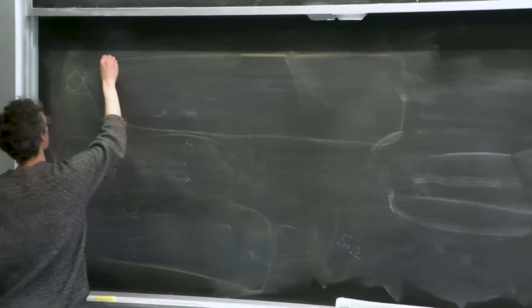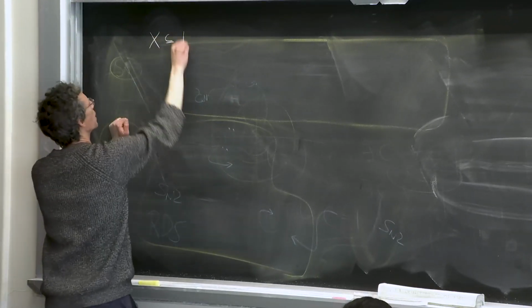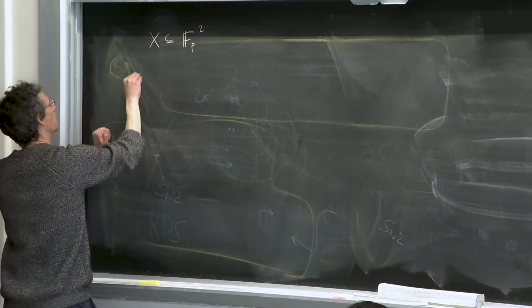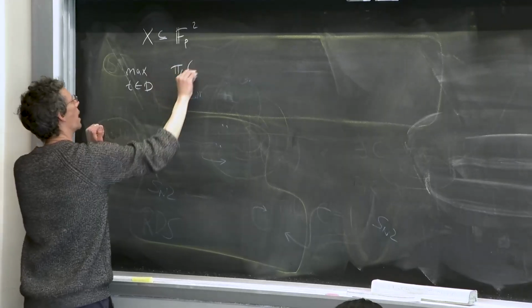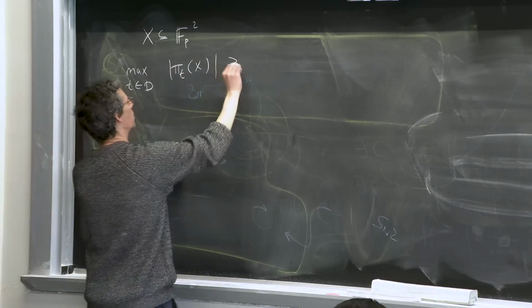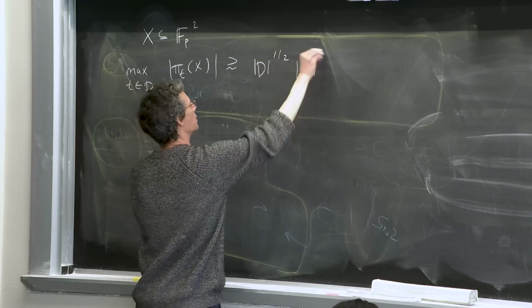OK, so suppose we have X, which is a subset of F_p squared. And then we're going to take the maximum over t in D of the projection pi_t of X. And this is bigger than, I think it was D to the half X to the half.